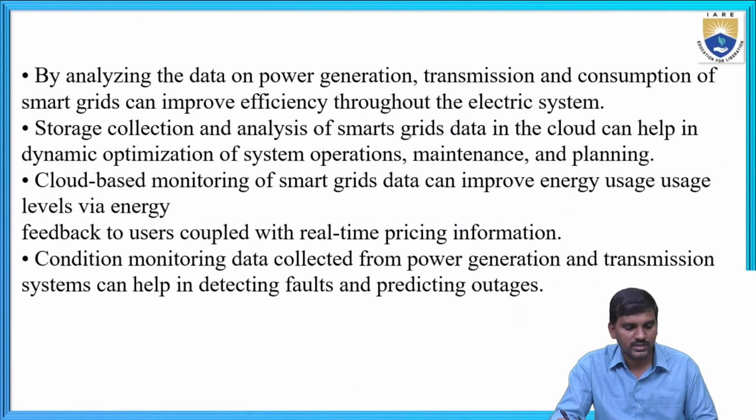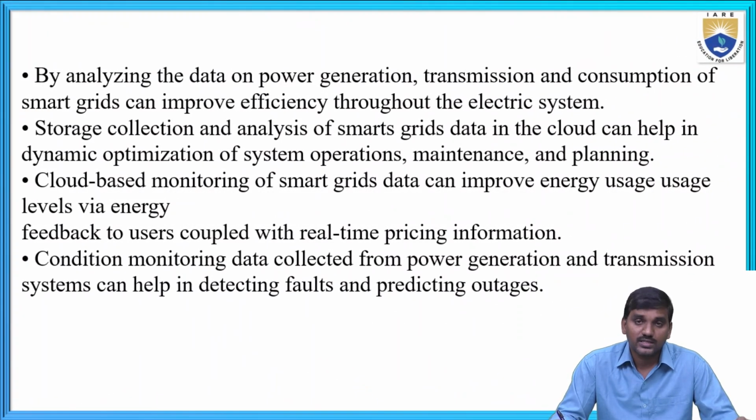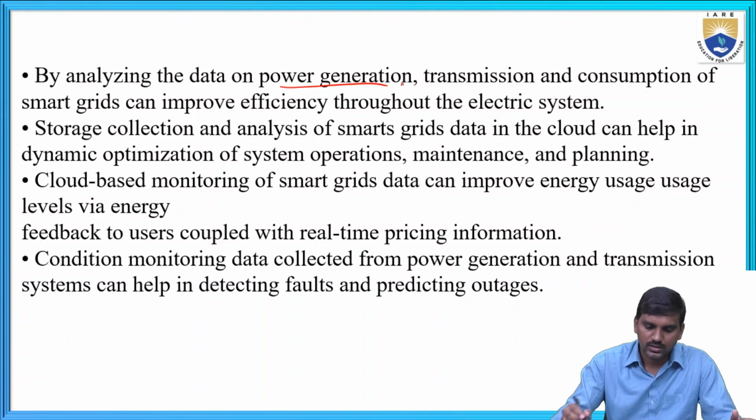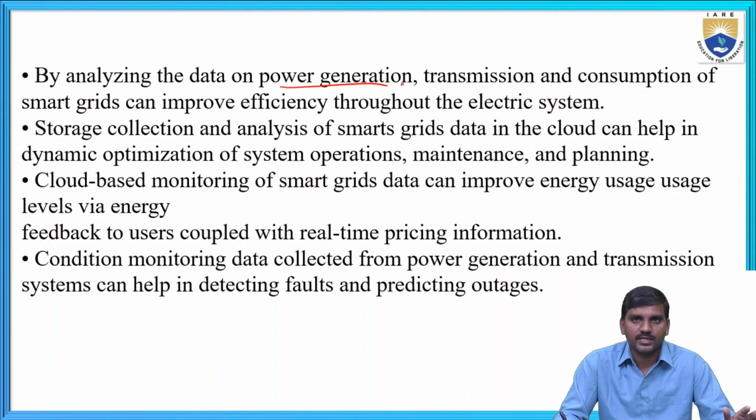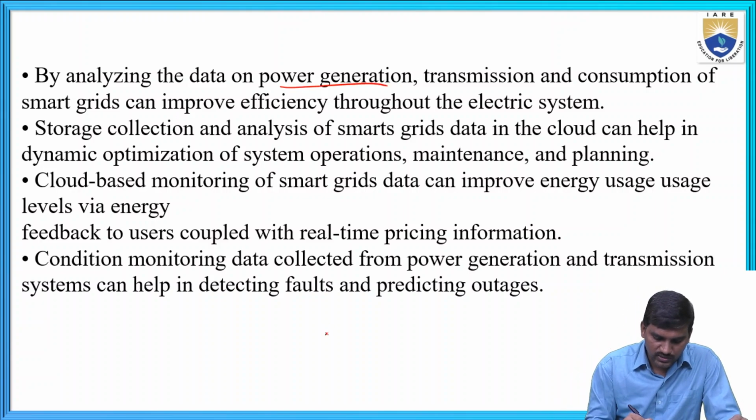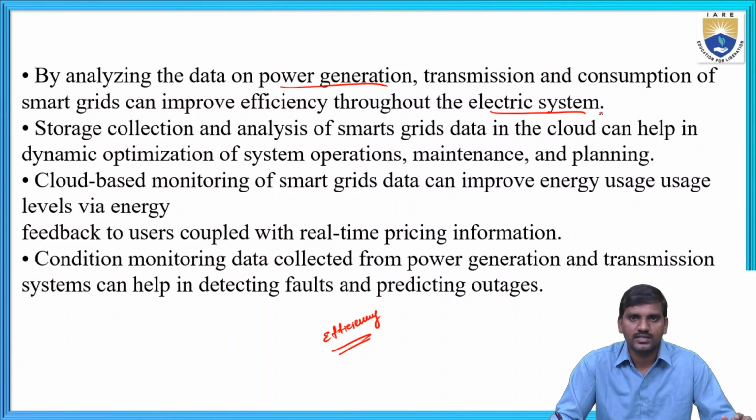Continuing by analyzing the data on power generation, these are some specifications of the smart grid. The features like power generation, transmission, and consumption of the smart grid can improve the efficiency throughout the electric system.